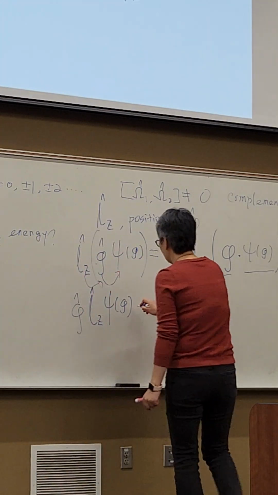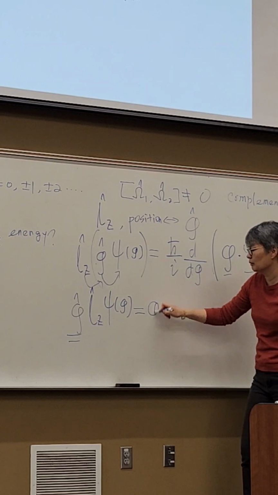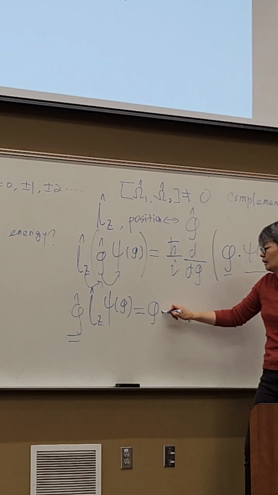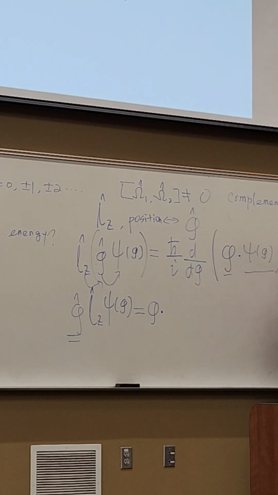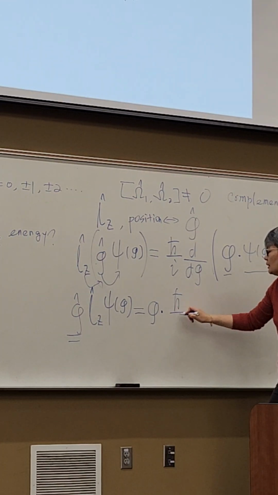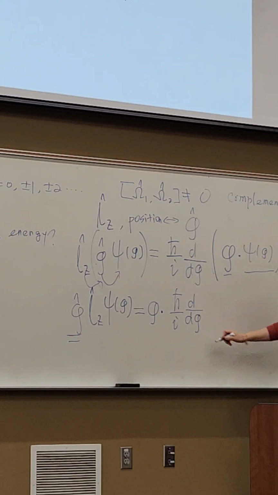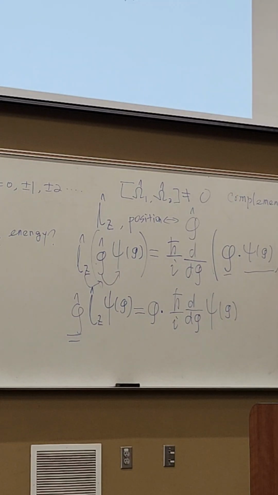Again, the position operator is just a variable multiplication. Then you have the angular momentum operator, a derivative with respect to position, operating onto your wave function. Any questions on that? There's not much more I can do about it. I have to end it here.